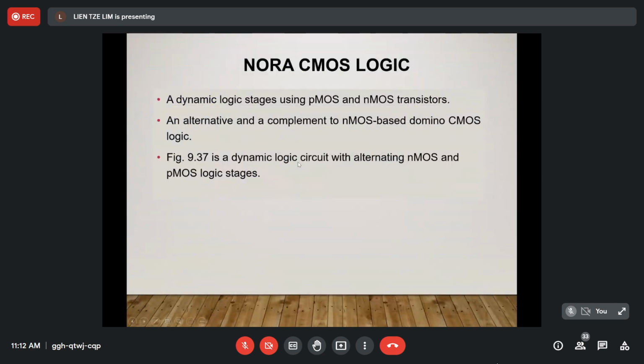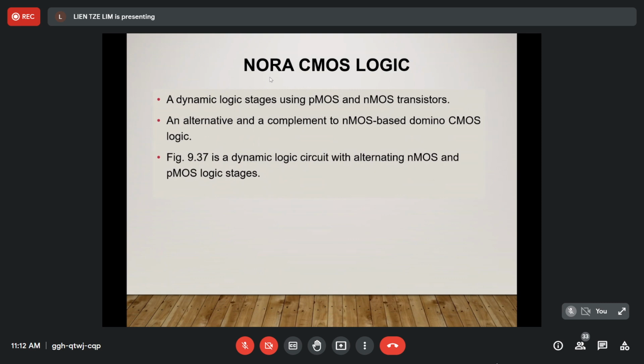Next is another dynamic CMOS logic. We call it NORA CMOS logic. The difference between NORA and domino is that NORA uses PMOS and NMOS. Just now the domino also used PMOS and NMOS, but the PMOS used in domino is as a pre-charge transistor.